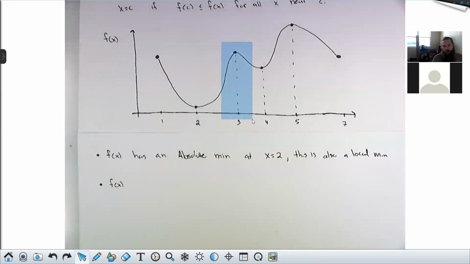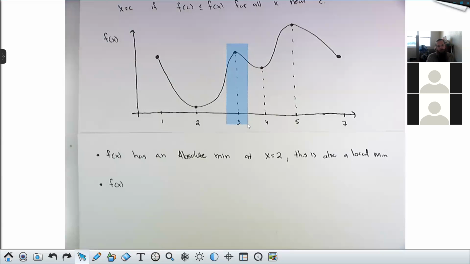What's going on at 3 here? What feature does this function exhibit at x equals 3? Well, is this point the tallest point anywhere on the graph? No. So it's not an absolute max.